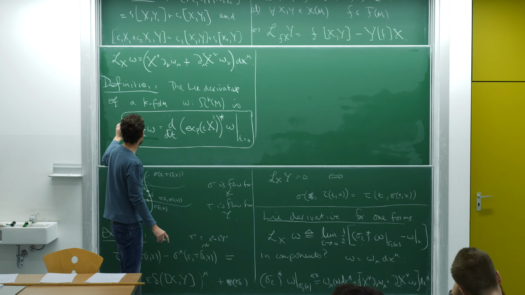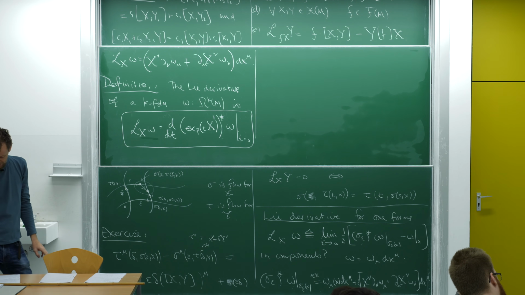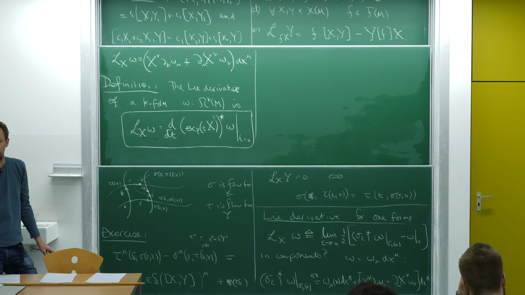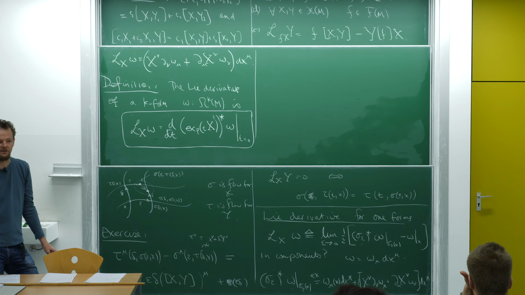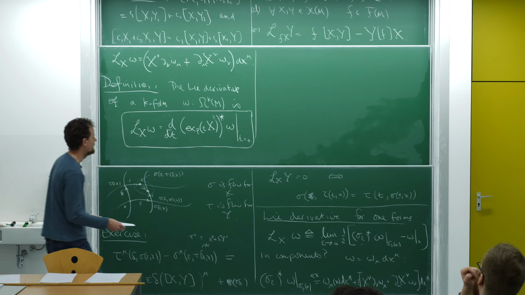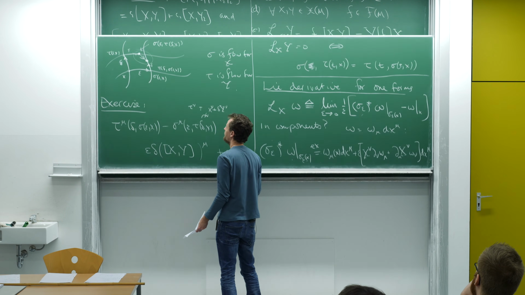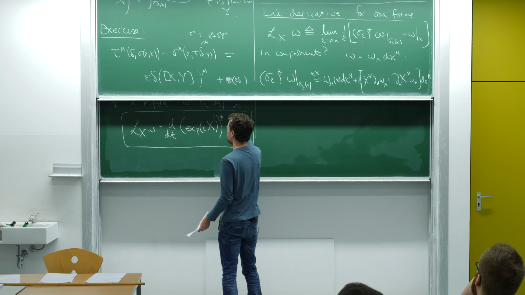So that's how you define the Lie derivative for a K form. And you can work out what that means in components if you're extremely interested in writing out lots and lots of components. Or you can take the following proposition as a definition instead, and then work out the Lie derivative in a much more economical way.